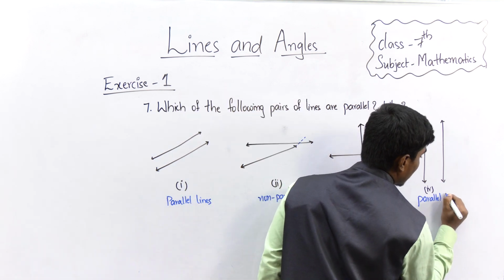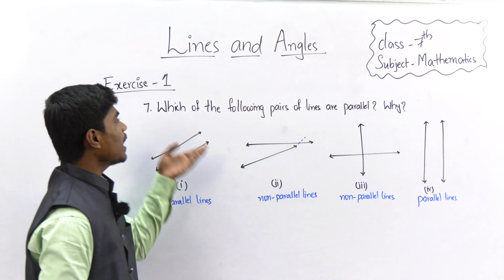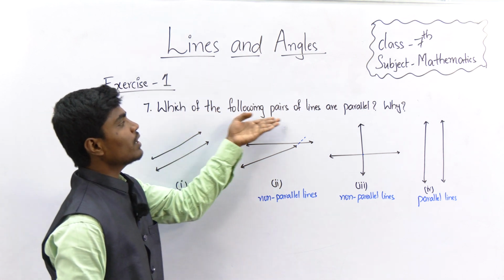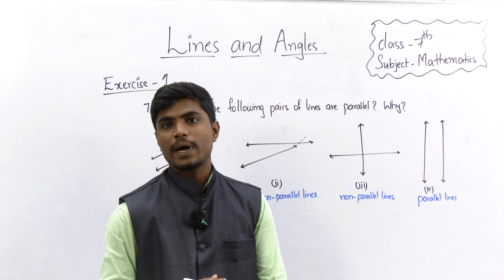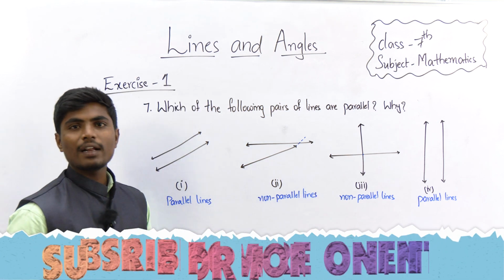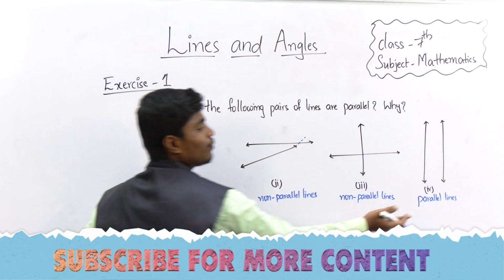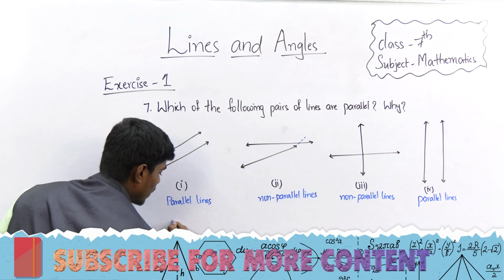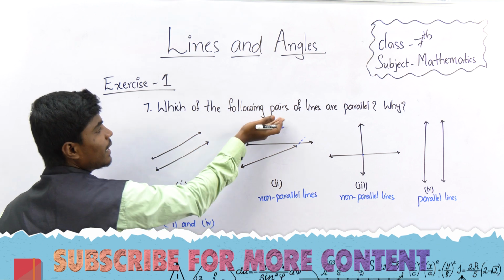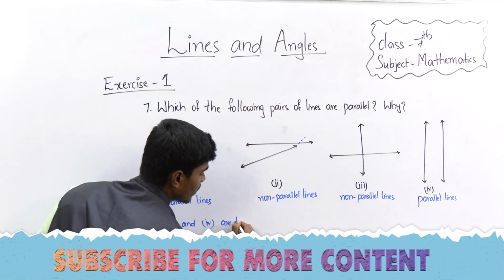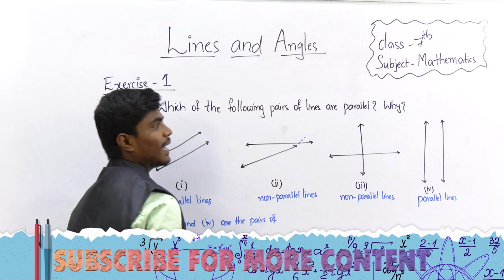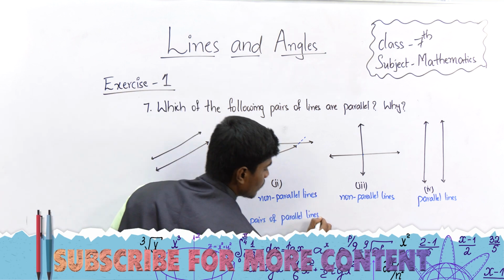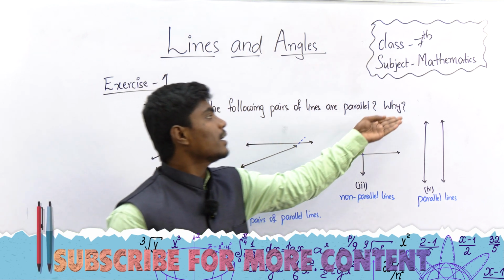Okay, here what he asked is, which of the following pairs of lines are parallel? 1 and 4 are the pair of parallel lines. Here he asked why.